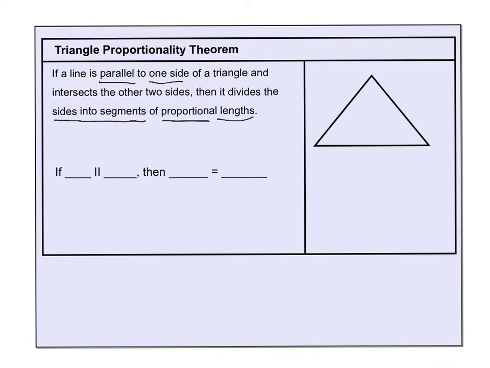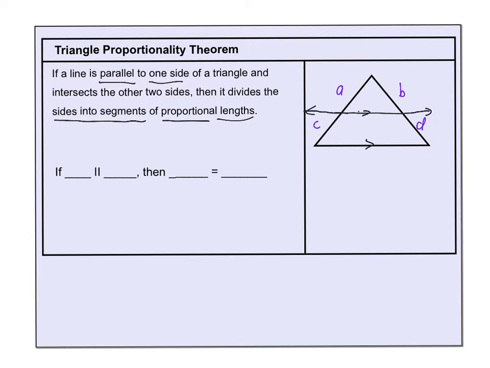So if I have a line going through this triangle such that it is parallel to that bottom line, then what I have done is I've cut each side into different segments.